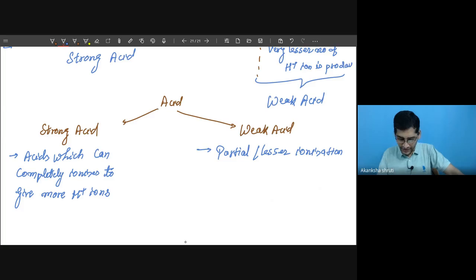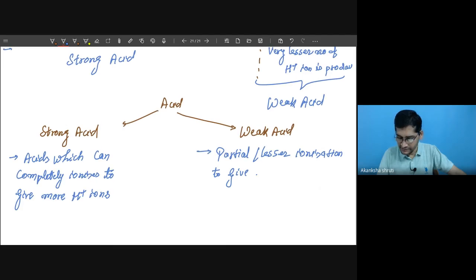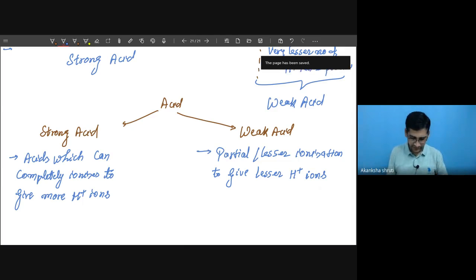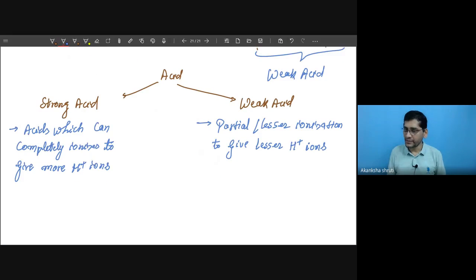So partial ionization gives a lesser number of H plus ions. It is this one. Now, the example you have to write.